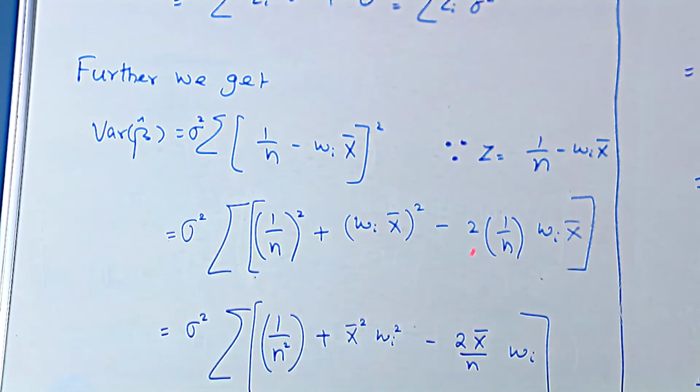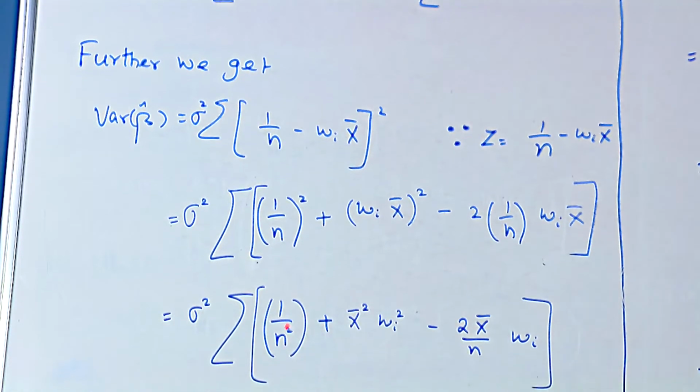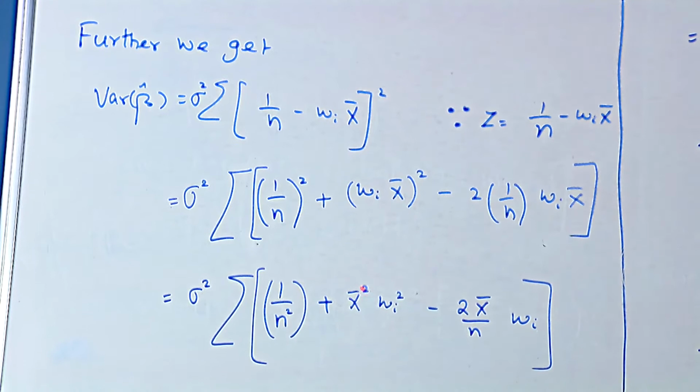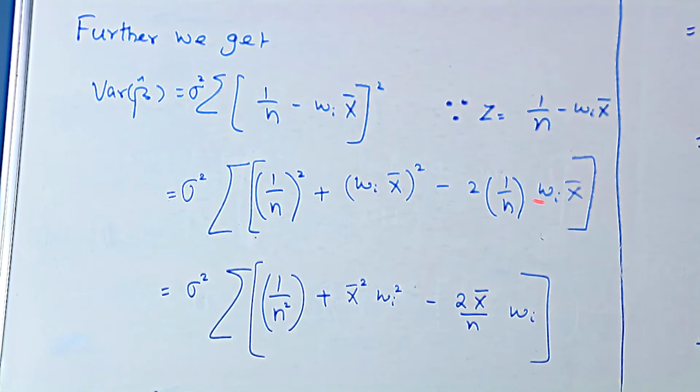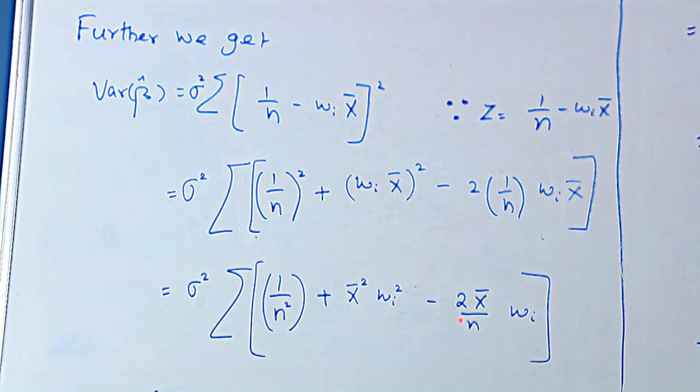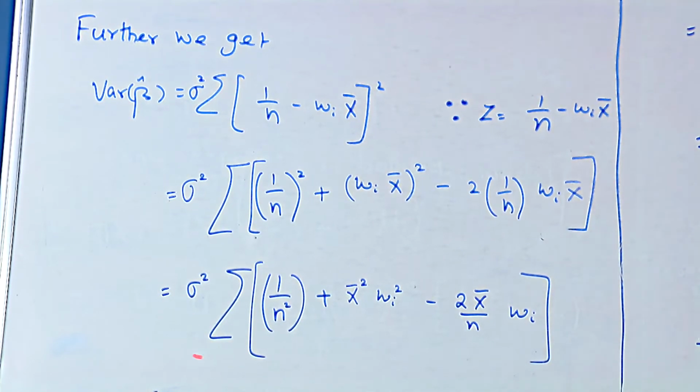So this may be reduced to 1 by n square plus x bar square wi square minus 2 x bar can be now clubbed and 1 by n into wi and whole sigma.